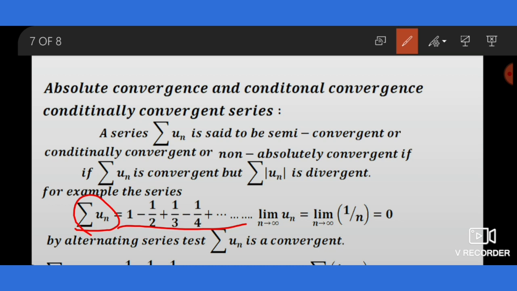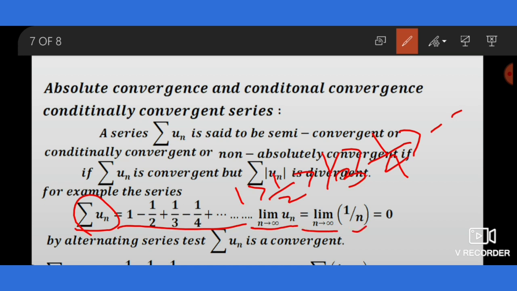It is an alternating series in which each term is numerically less than the preceding term, so 1 is greater than 1/2, which is greater than 1/3, which is greater than 1/4, and so on, and the limit of un equals the limit as n goes to infinity of 1 upon n. The nth term of the given series is 1 upon n, and as n goes to infinity, 1 upon infinity equals 0.